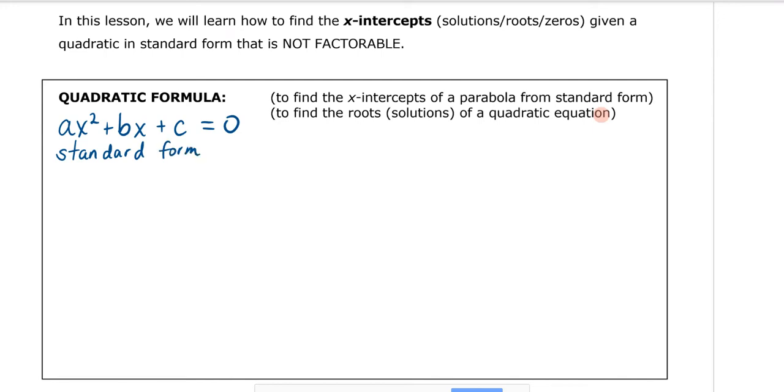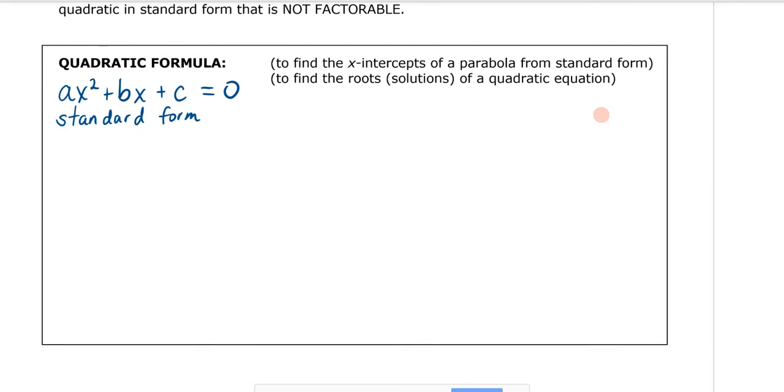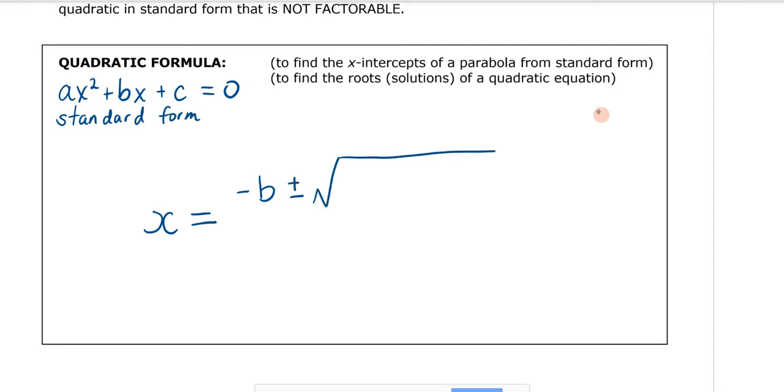Now, the quadratic formula that will help you find the x-intercepts is this: x equals negative b plus or minus. That means we're going to be doing both cases, both plus and minus, and getting two different answers. The square root of b squared minus 4 times a times c.